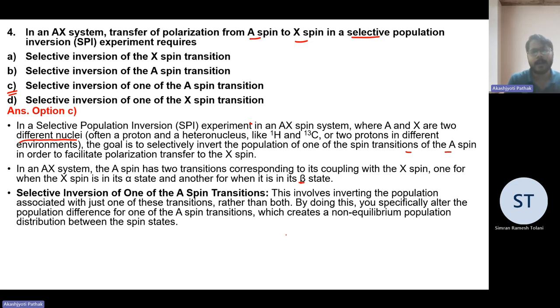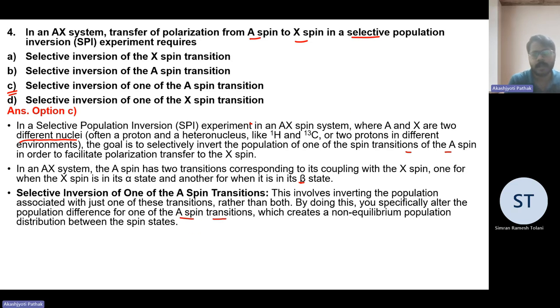It will be either the transition from alpha to beta or beta to alpha, not both. By doing this, you specifically alter the population difference for one of the A spin transitions.